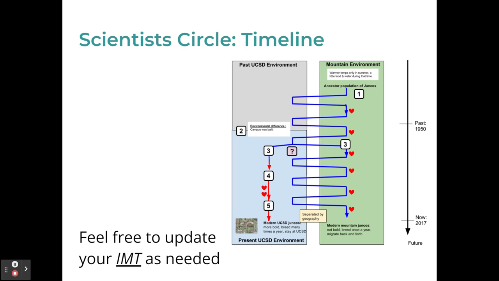Now, it's okay because they're adapted to survive well at the campus, but they're not going to be able to interact with the mountain breeding juncos during the breeding season, because the mountain breeding juncos are up on the mountain, hundreds of miles away. The campus breeding birds are still at the campus. So there's a physical separation during the breeding season, meaning that these two populations are not going to breed with one another. This is a really important piece.